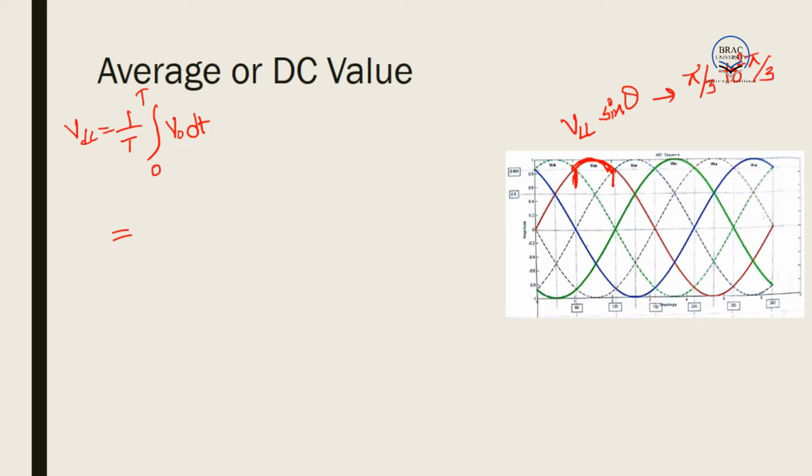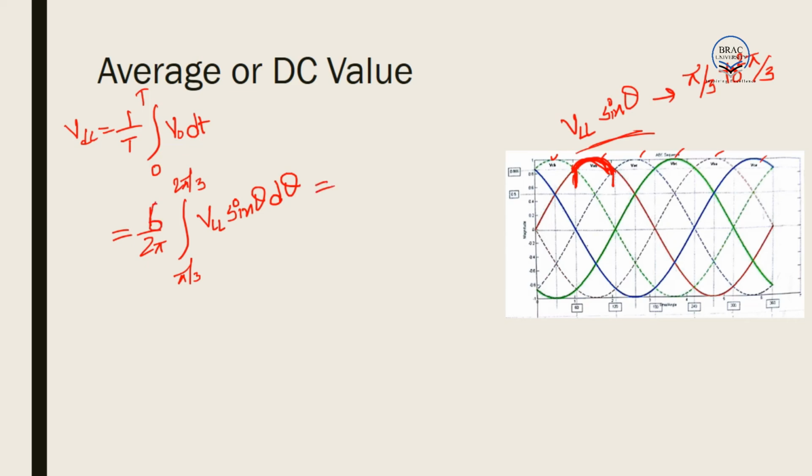So from pi by 3 to 2 pi by 3 we have the value VLL sine theta. So we will get 1 by 2 pi integration from pi by 3 to 2 pi by 3 of VLL sine theta d theta. It is to be noted that this same thing is replicated once, twice, 4, 5, 6 times. As a result, a 6 will be multiplied.